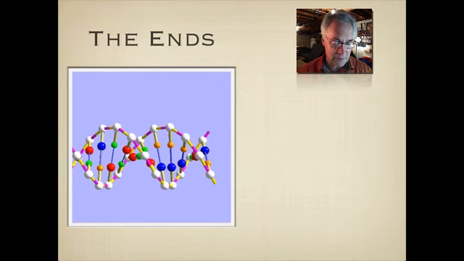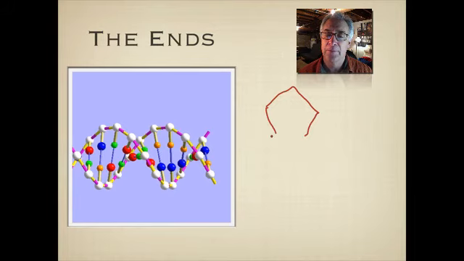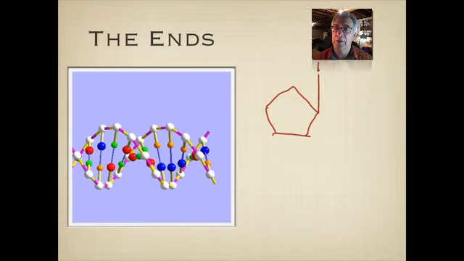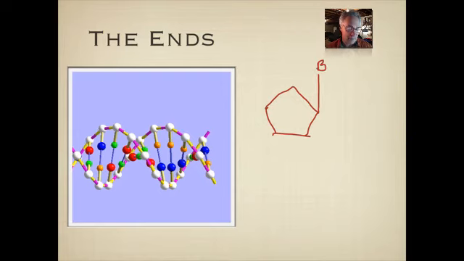Now the way it looks, let me see what I can do to draw a sugar molecule, or its conformation, I should say. On one end, you're going to have a base. I'll just depict that by a B. And another end here, you're going to have a phosphate. I'll draw a P there.